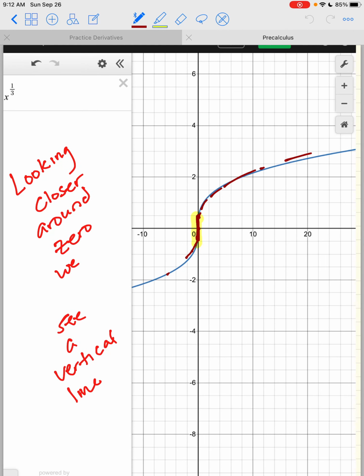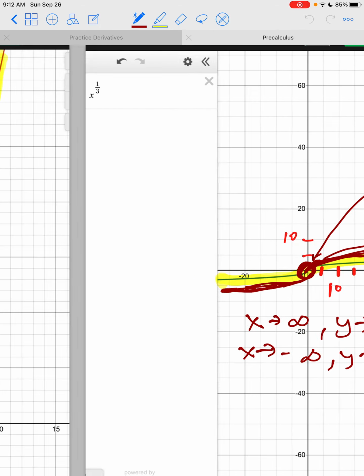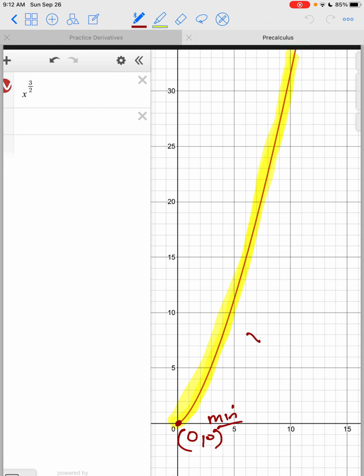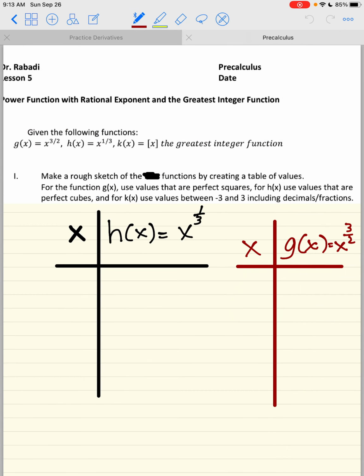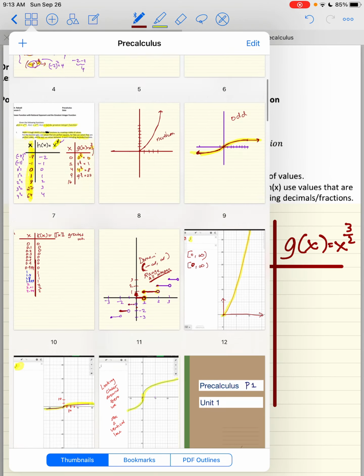It's an odd function. Okay, so this one, as x approaches positive infinity, so does y. Remember, we don't know what happens on the other side of this because they're not real numbers. So this doesn't work. Okay, and I only asked you to do it for this function and this function, not for this function.